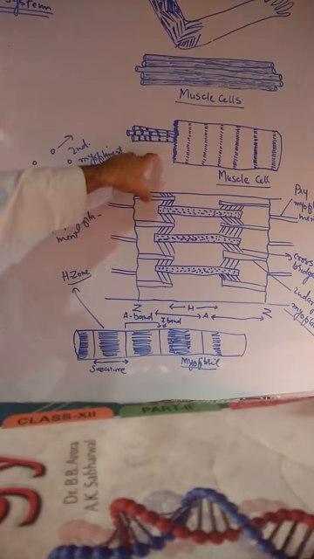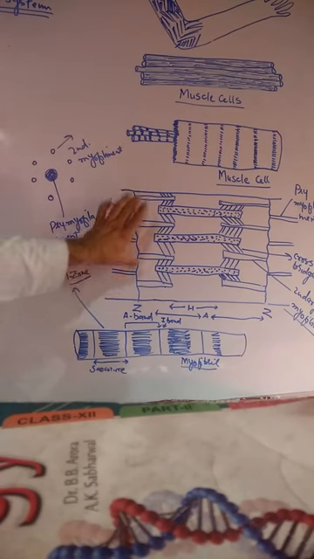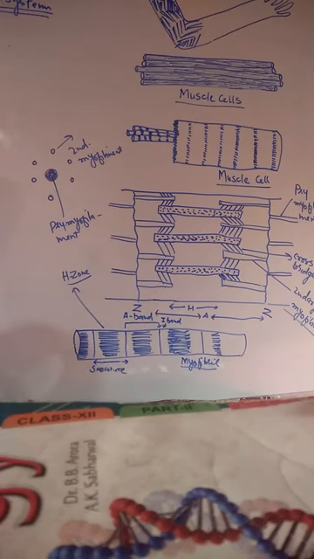The muscle cells contain the myofilaments. This is the structure of a myofilament, and lastly it forms the myofibril. The myofibrils form the myofilaments.